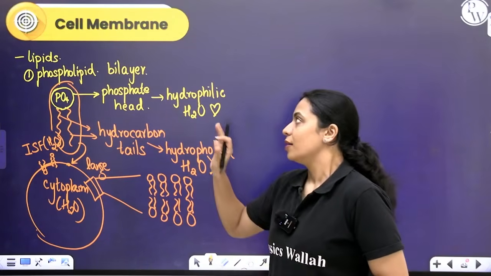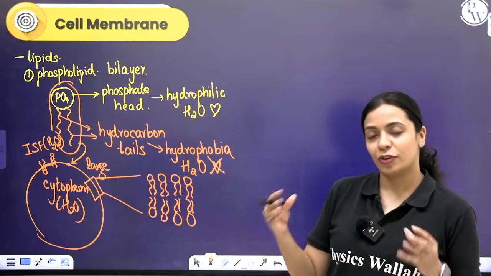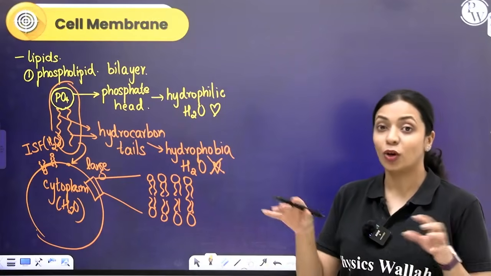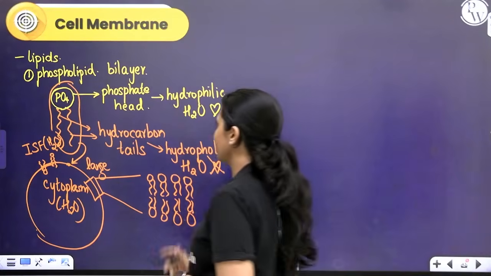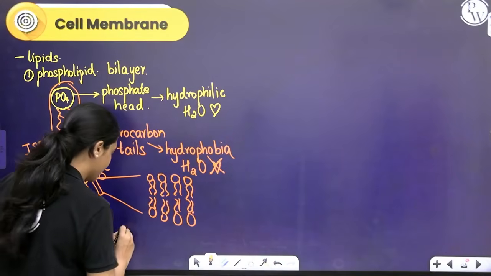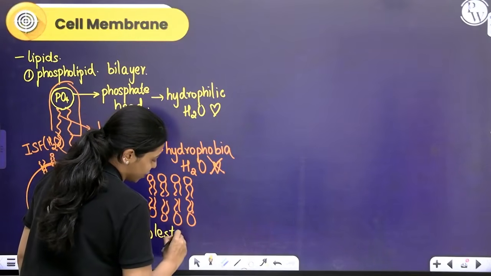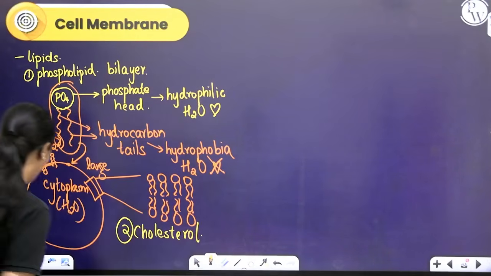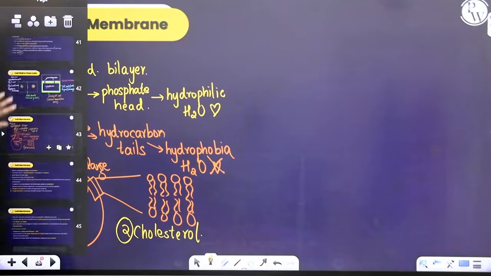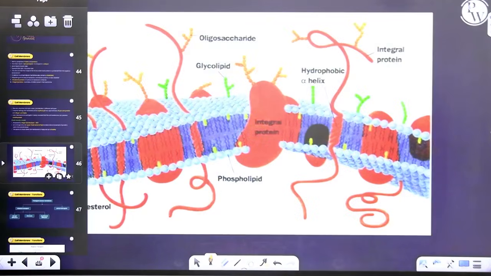Phospholipids are the major type of lipids you find in the plasma membrane. That's not the only type of lipid. Along with phospholipids, you also have lipids like cholesterol, which provides a lot of stability to your plasma membrane.